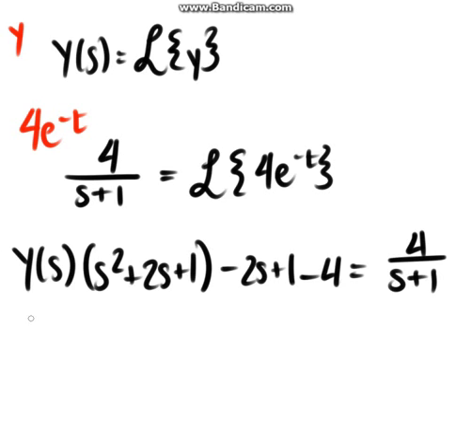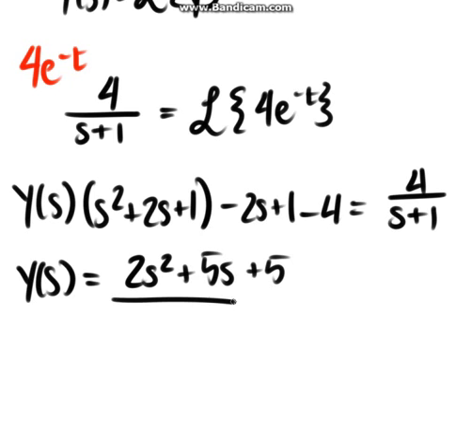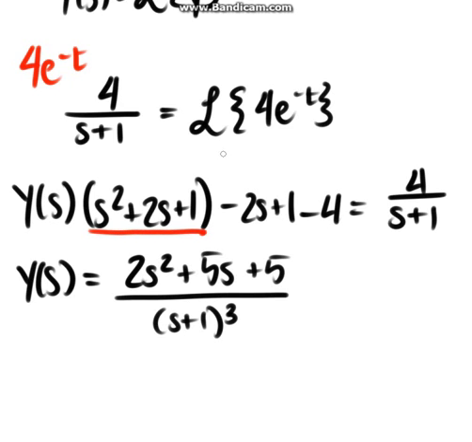And in solving for Y, we get Y of s equals 2s squared plus 5s plus 5 over s plus 1 cubed. And how I got this is that this term can be reduced to s plus 1 times s plus 1, which equals s plus 1 squared.